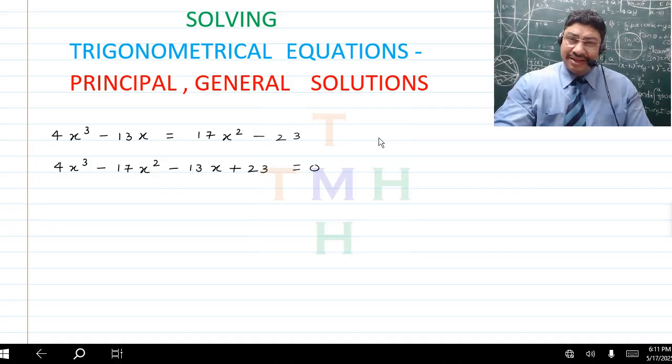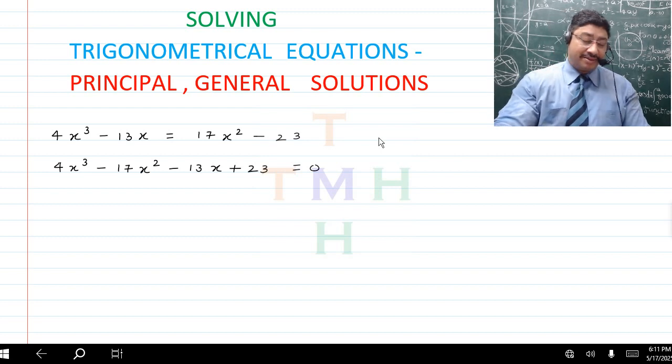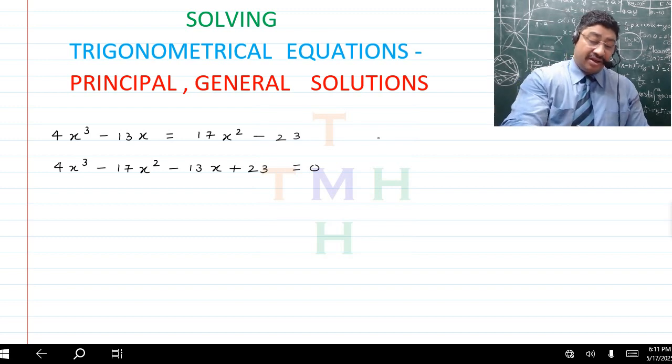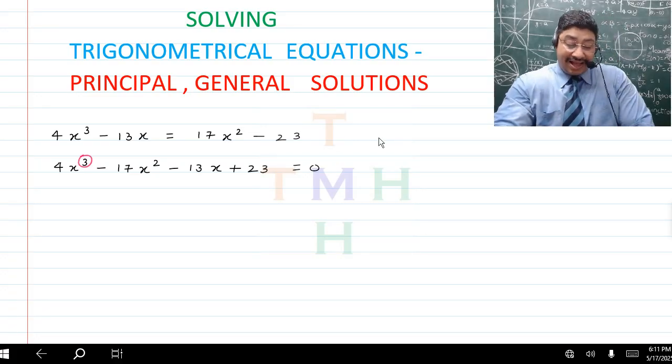An equation is such an algebraic expression which has a definite number of solutions. Here we have the highest power of the variable to be 3, right? And the others are less, as you can see. We have 2, we have 1, and we also have x raised to the power 0, as x raised to the power 0 is 1.